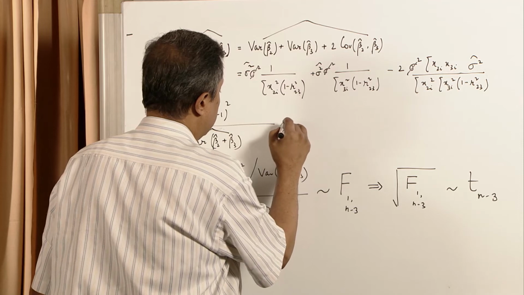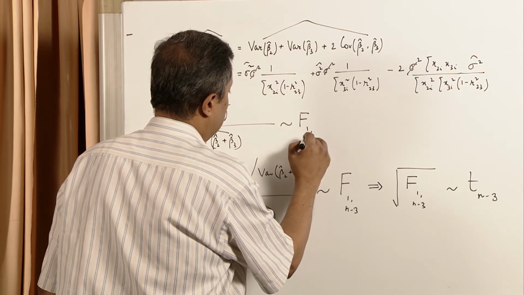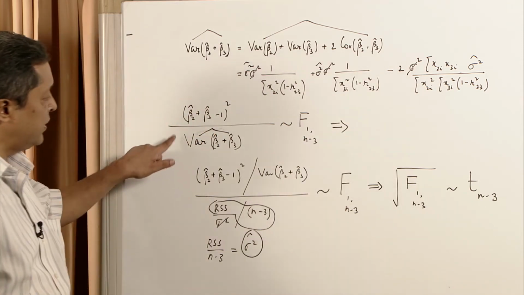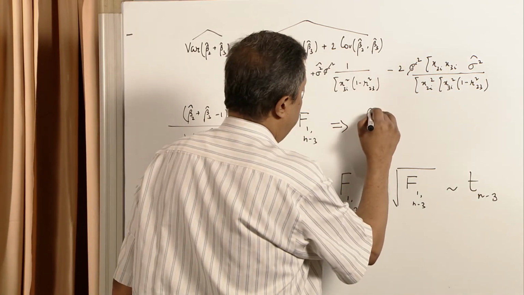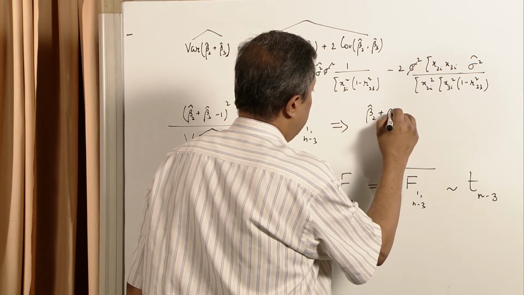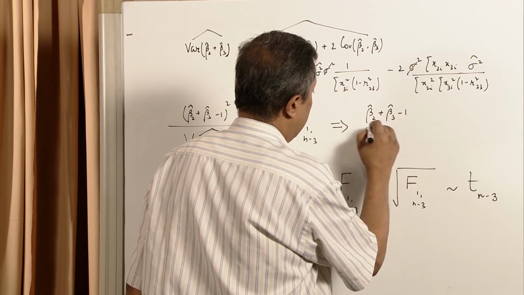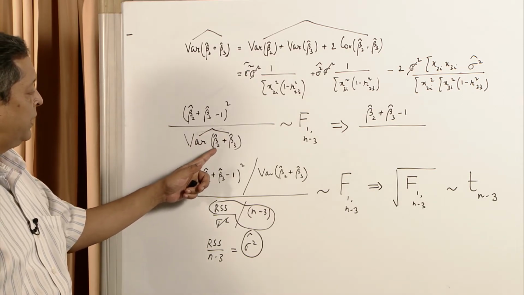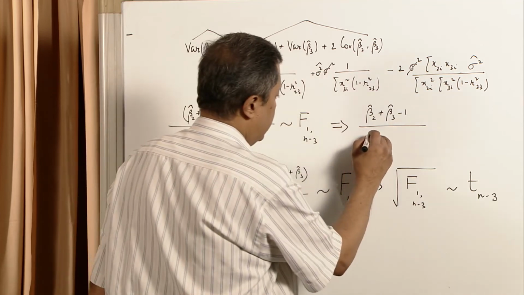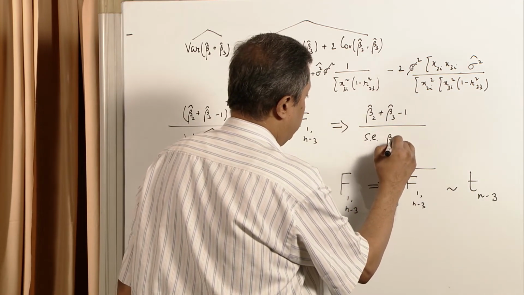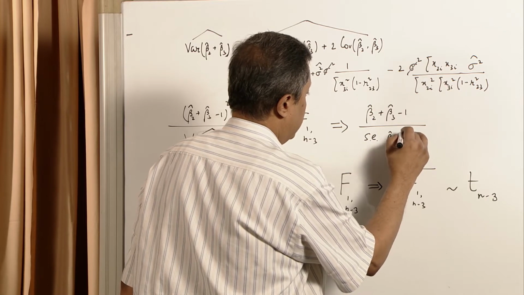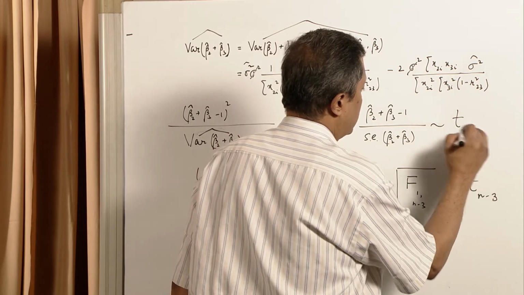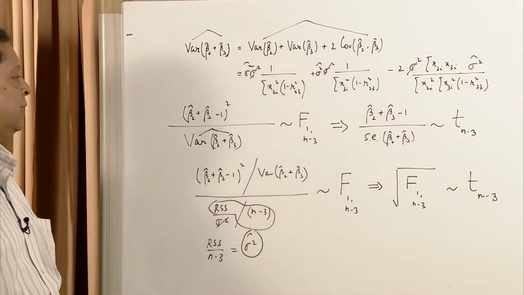So, that basically follows F with 1 and n minus 3 degrees of freedom, and therefore, the square root of this, which is beta 2 hat plus beta 3 hat minus 1 divided by the square root of the estimated variance of beta 2 hat plus beta 3 hat, which is written as the standard error of beta 2 hat plus beta 3 hat, is our test statistic, which follows a t distribution with n minus 3 degrees of freedom.